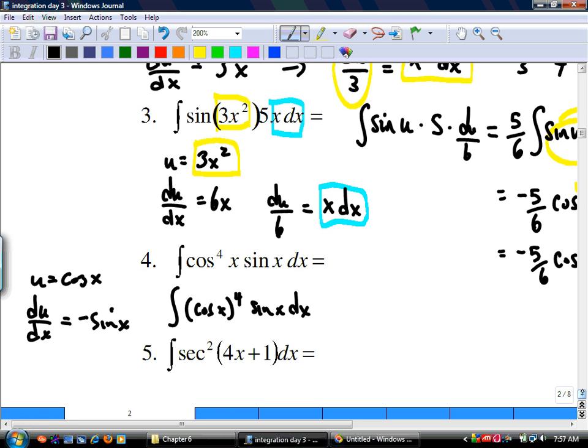Negative du equals sine x dx. And your antiderivative should change from something that is not nice to something that is nice. That's always, always, always what should happen at the next step. If that does not happen, you have screwed it up. Okay?